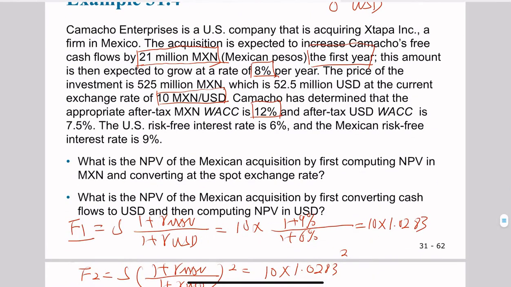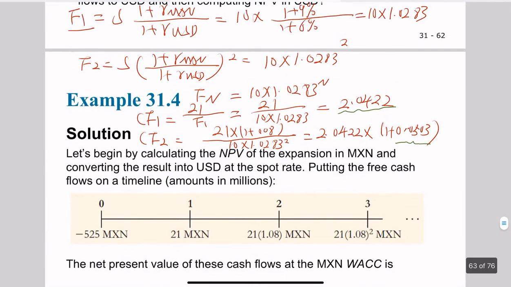Well, the reason is because the cash flows grow at 8% in Mexican pesos. However, when you convert Mexican pesos back to US dollars, this forward exchange rate also grows.